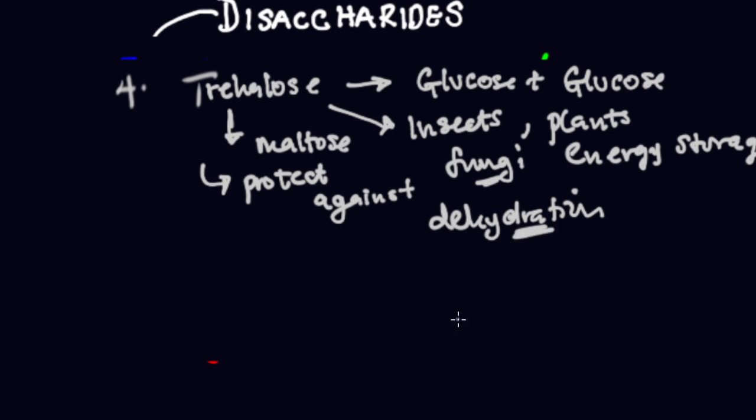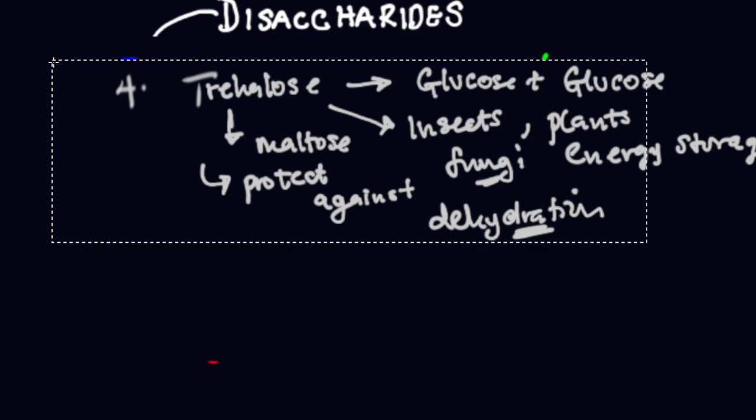Now another disaccharide, which is the last one that we can have, is the one that is found whenever we are talking about digestion of food, which is isomaltase. Isomaltase is also mostly referred to as alpha limit dextrin.